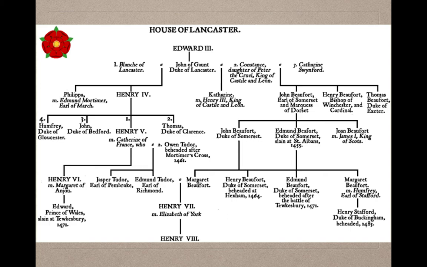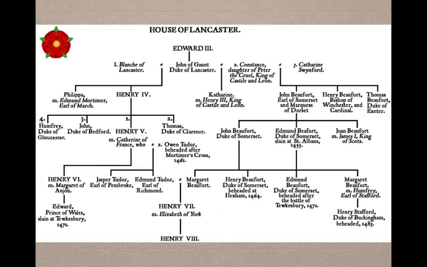And what you'll also see is that if you look to the right, at John's line with Catherine Swynford, he has one child with Constance, a second wife. He has three children with Catherine Swynford, John, Henry, and Thomas. And of those children, John has a child named Margaret who marries Edmund Tudor, and they produce Henry VII, who takes over after the deposition of Henry VI.